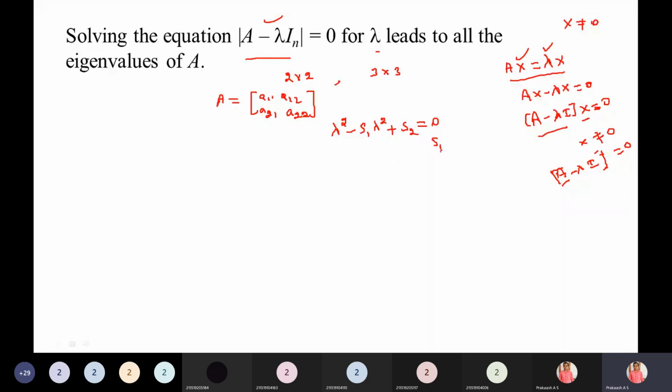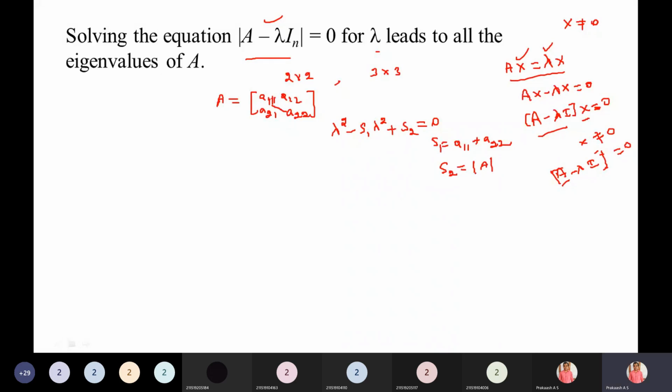It is the sum of the main diagonal elements of A, that is a11 plus a22.